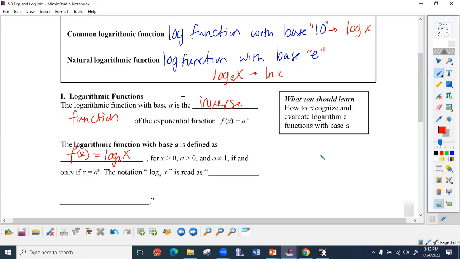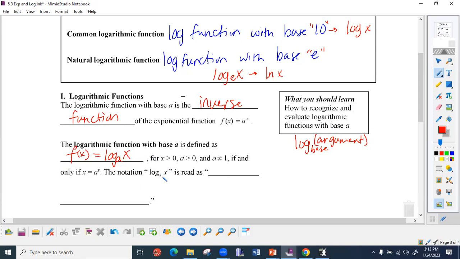Okay, so when you think about it in terms of what we wrote, you're going to have log, you're going to have a base, and you're going to have an argument. Log, base, argument. Okay.